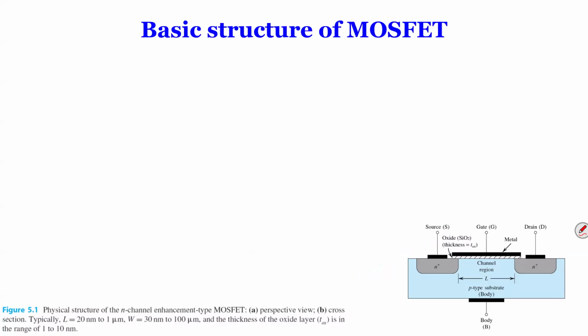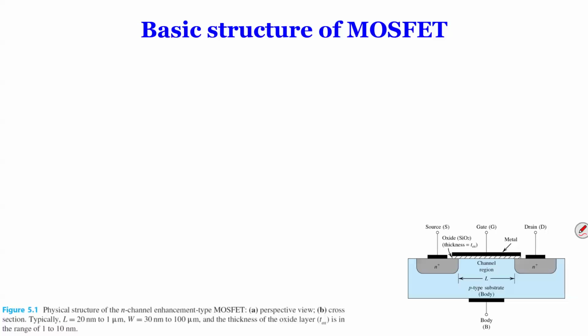So over here, you form an NP or PN junction between the body, the substrate, and the well. And then another PN junction on the other side. So there's a PN junction here, and a PN junction here. So for this to work, what we're going to do is apply a voltage at the gate, between gate and body, and see what happens.